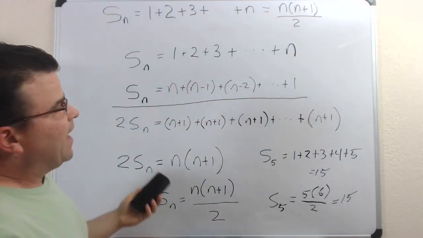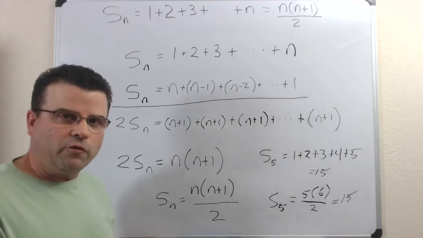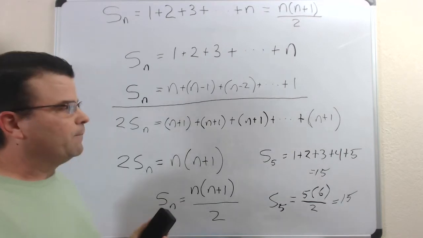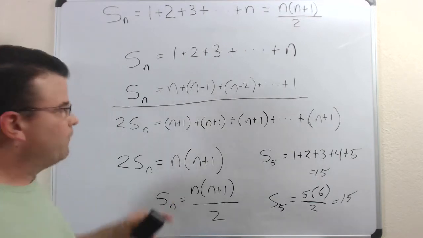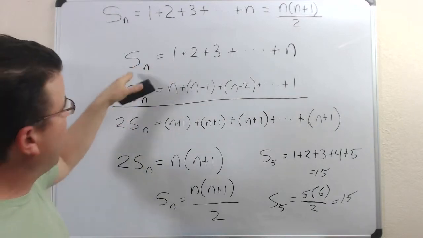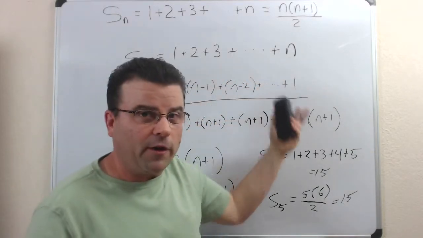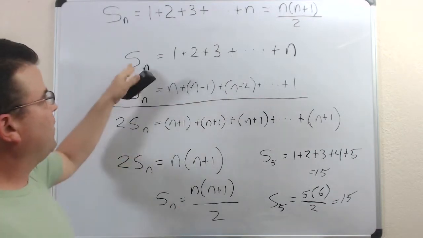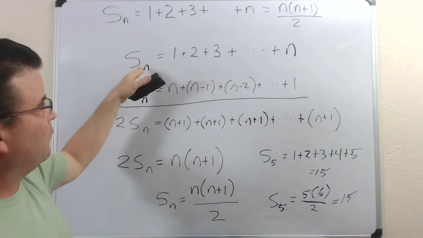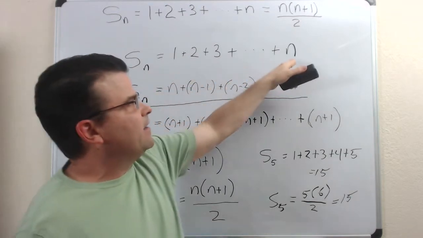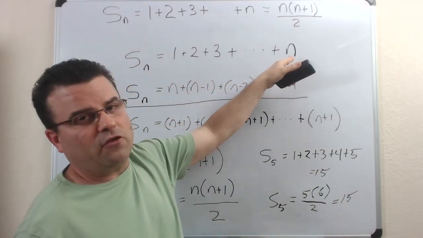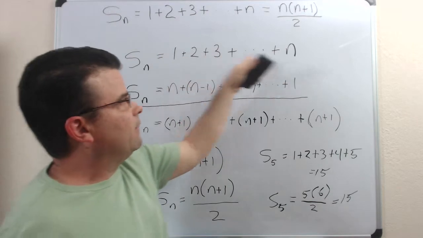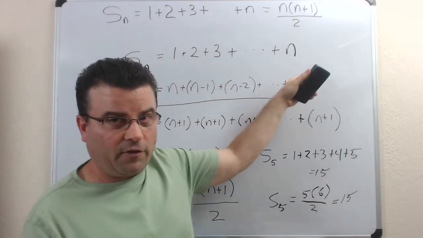And now we're going to do that same proof by induction. But before I do that, I want to make it clear that s sub n and n really aren't variables. They're unknown constants. So s sub n is the sum of the first n integers. That's what it represents. And n is the nth integer in the series of the first n positive integers.